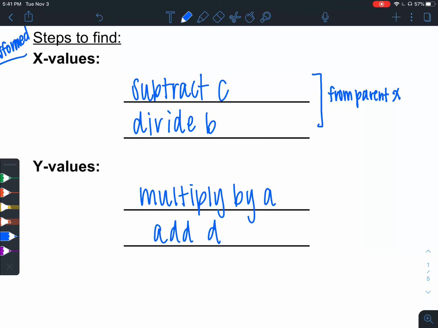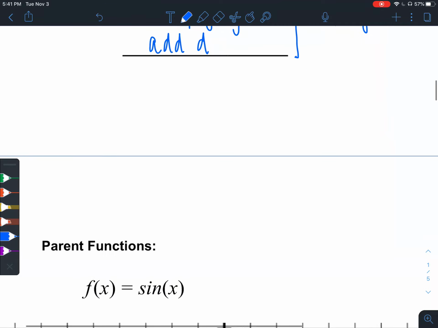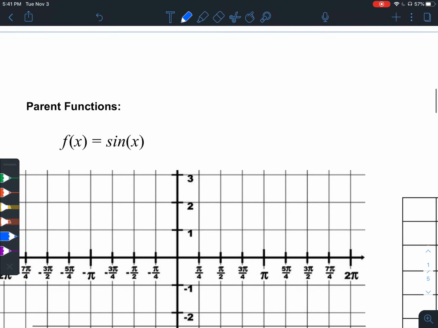And then for our y values, we'd multiply by a and add d to our parent y. Okay, remember that changes in x are inside the parentheses and changes in y are outside those parentheses. So let's go ahead and get an idea of what these parent functions are going to look like.